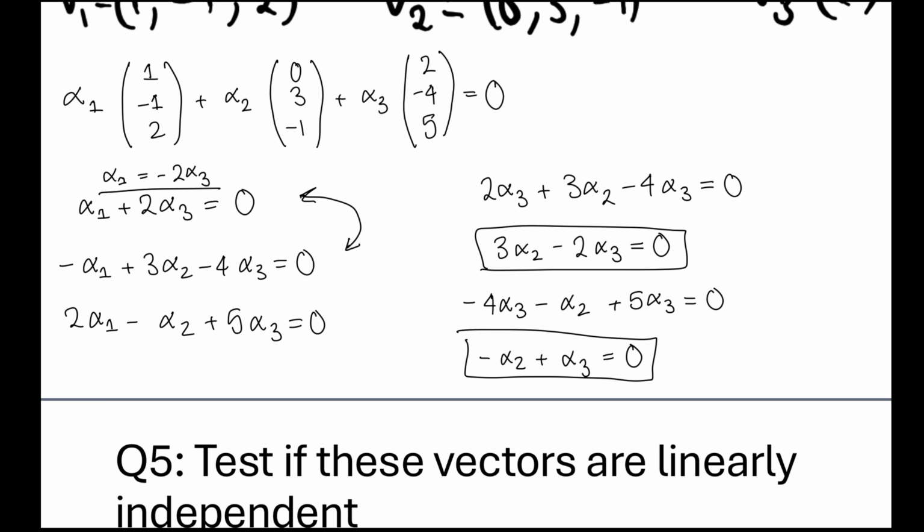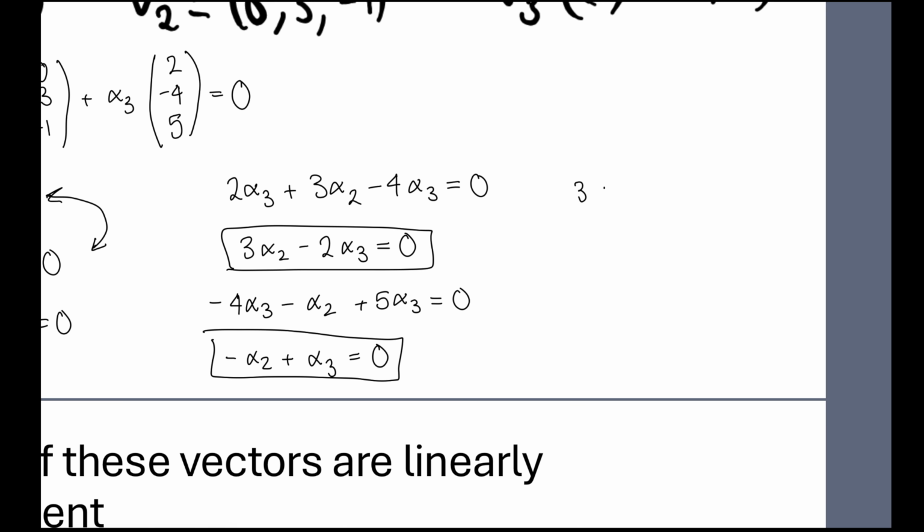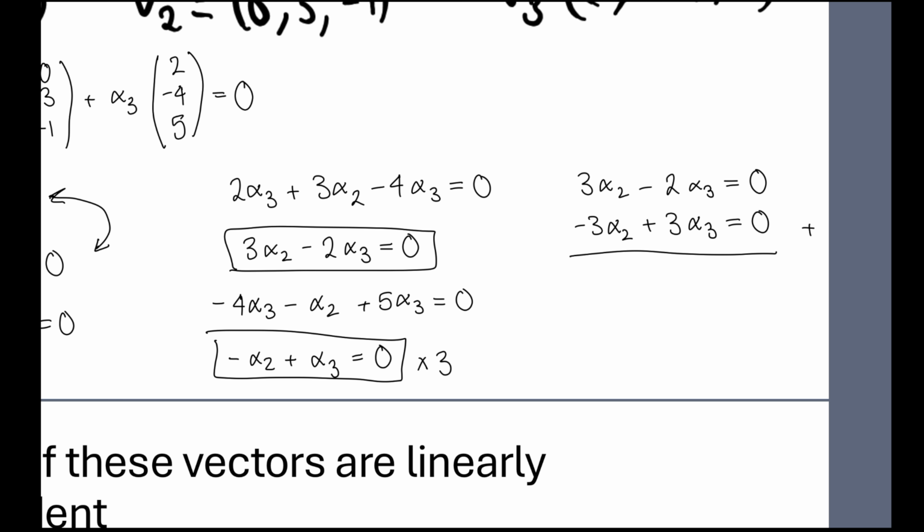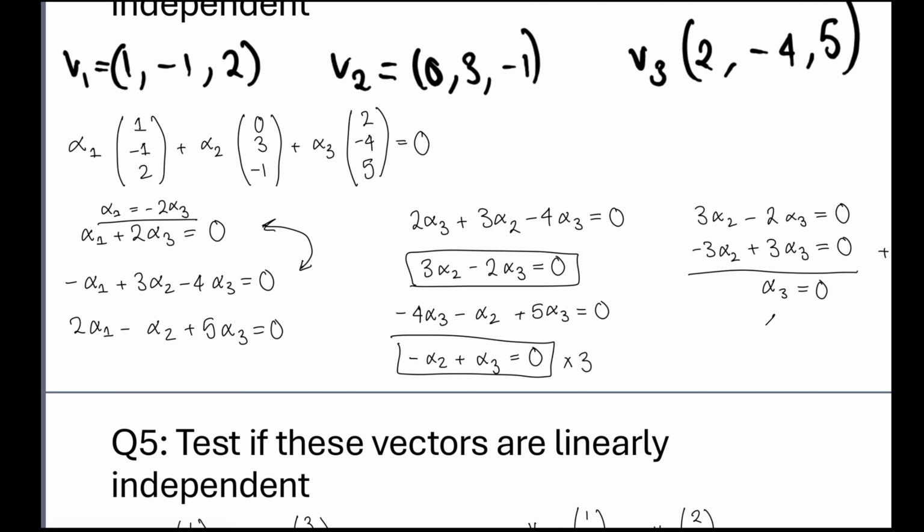So now we need to solve these 2 equations, which we can do by timesing this by 3. So we have 3 alpha 2 minus 2 alpha 3 is equal to 0, and then minus 3 alpha 2 plus 3 alpha 3 is equal to 0. Adding these 2 equations, we get alpha 3 is equal to 0, and then we will get alpha 2 is equal to 0, and lastly alpha 1.